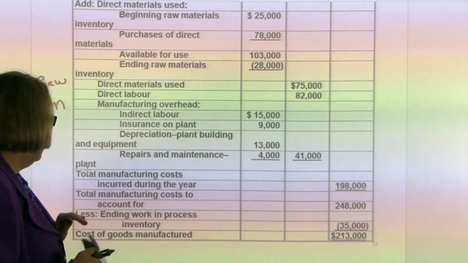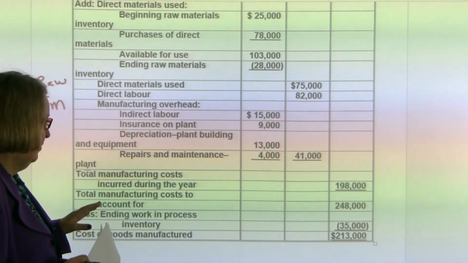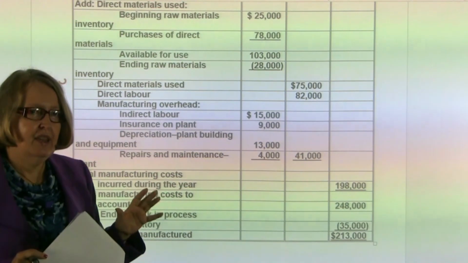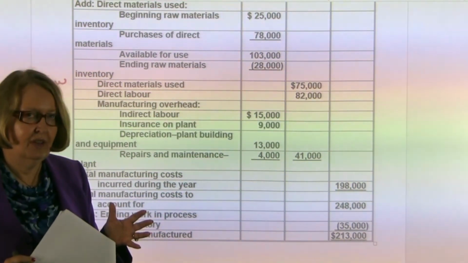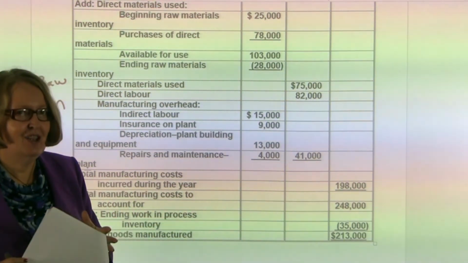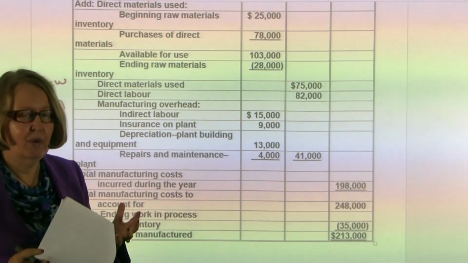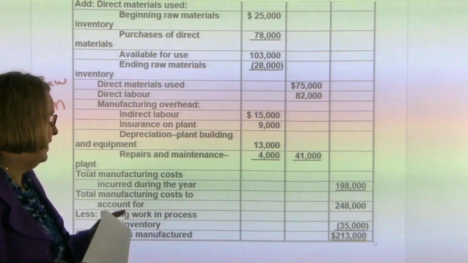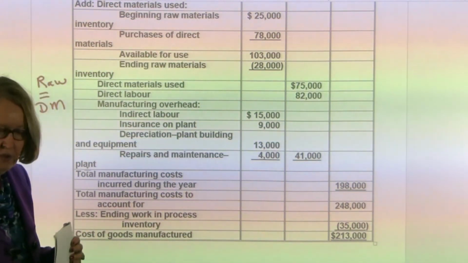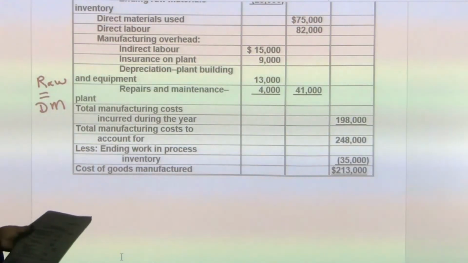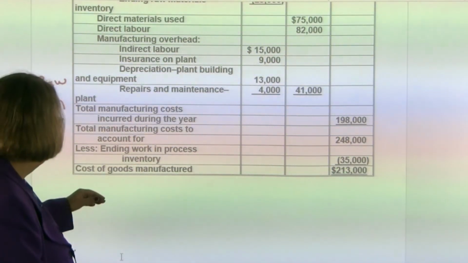Now, what you want to do, of course, is figure out, okay, for the costs that I've incurred, how much was actually completed? In other words, what were the costs going into my cost of goods manufactured. So to account for that, you now scroll down.